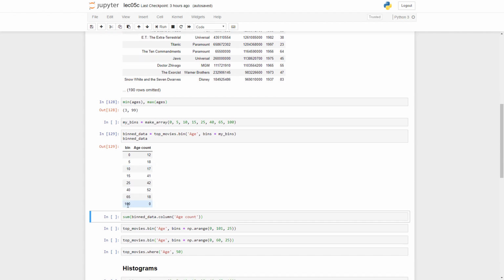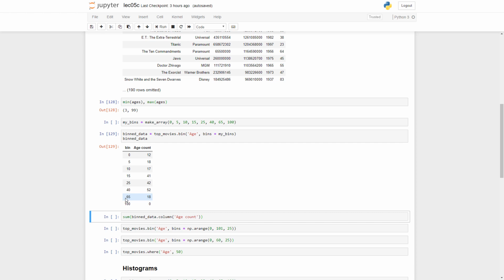You notice that the last line here is 100, although we said that it's not a bin, right? But it is included in the bin table, and it will always have 0 count because it's not actually a bin. The 100 here is just to indicate that this bin goes from 65 to 100.